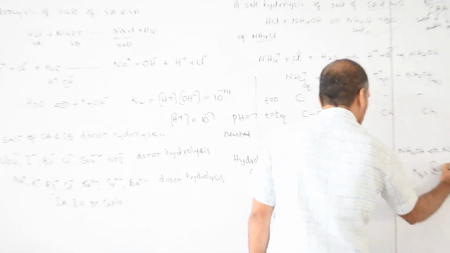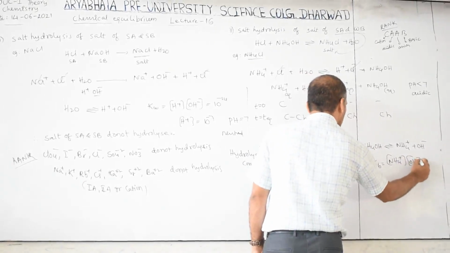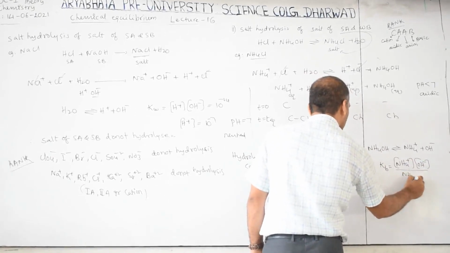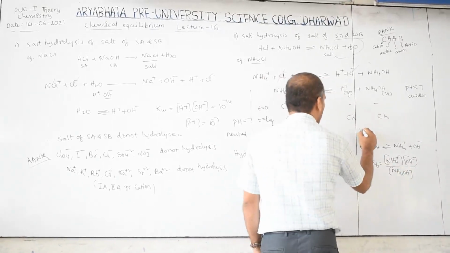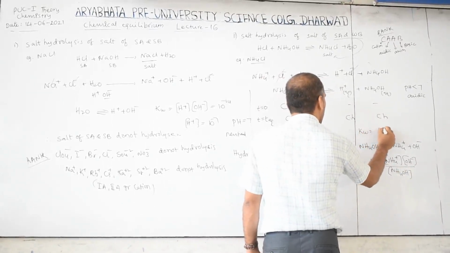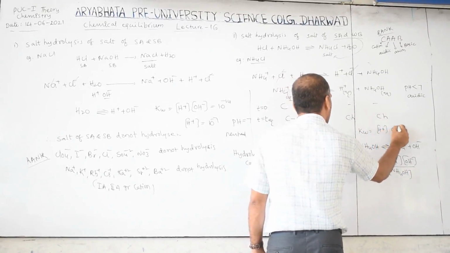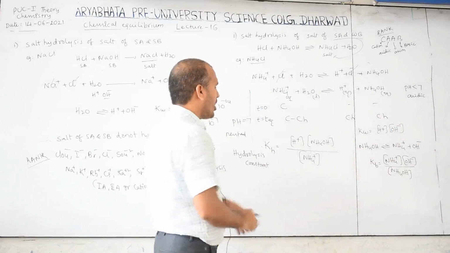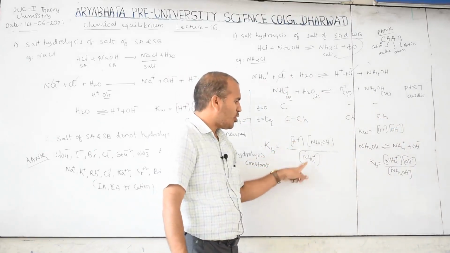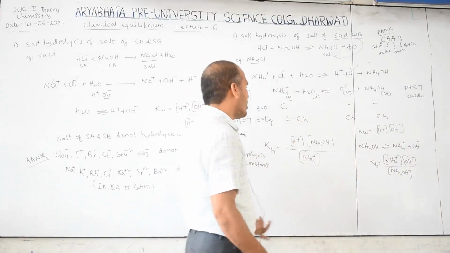NH4+ concentration times OH- concentration by NH4OH concentration. Another one, we know that Kw is equal to H+ concentration times OH- concentration. This we also know. Now here the numerator is H+, the denominator is NH4+. Then what do we have to do?